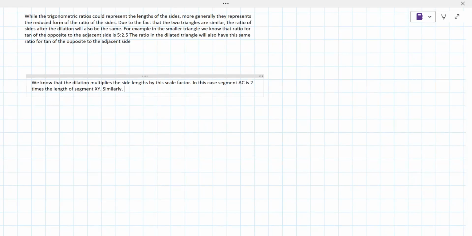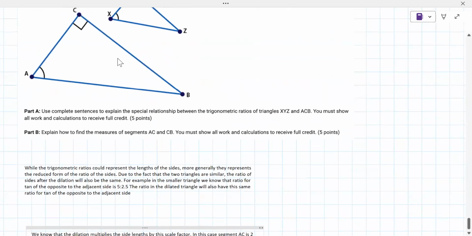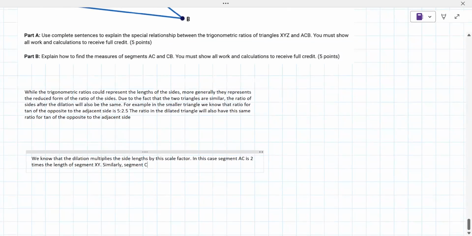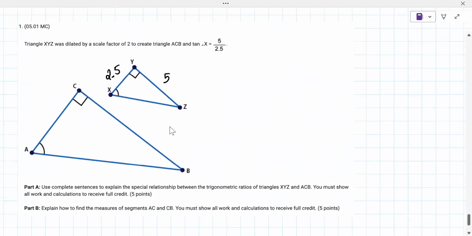Similarly, segment CB is 2 times the length of segment YZ.